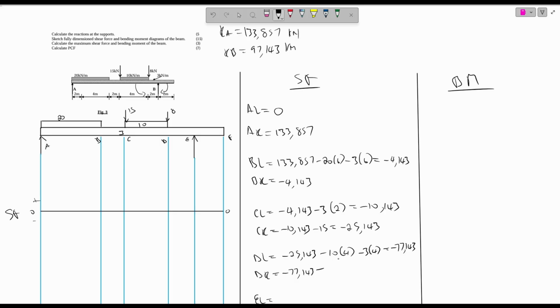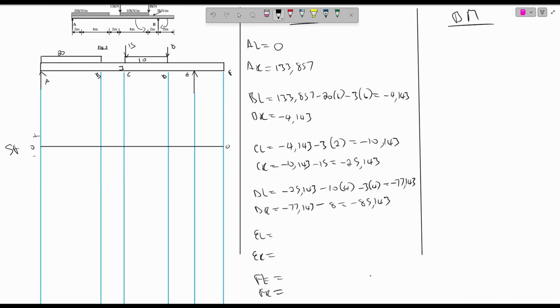Minus our 8, which is minus 85.143. Then E left, we have the UDL still.